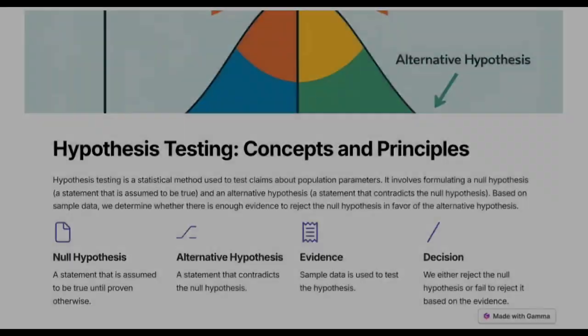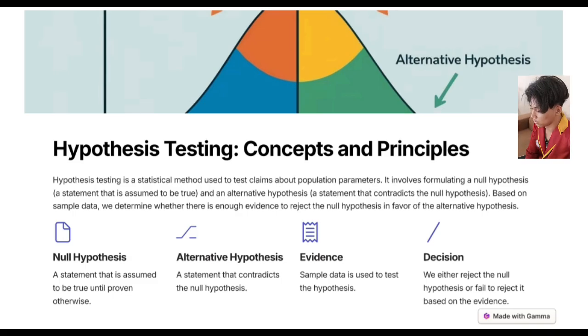Hypothesis testing: concept and principle. Hypothesis testing is a statistical method which tests claims about population parameters. It involves formulating a null hypothesis, a statement that is assumed to be true, and an alternative hypothesis, a statement that contradicts the null hypothesis. Based on sample data, we determine whether there is enough evidence to reject the null hypothesis in favor of the alternative hypothesis.